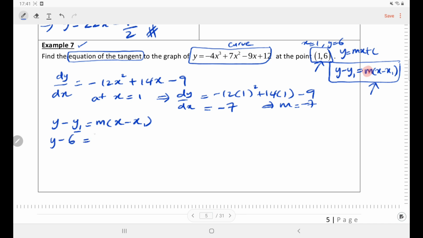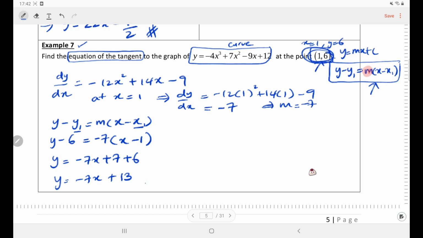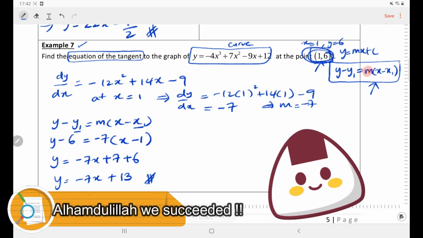Okay, m ialah yang kita cari tadi, negative 7. X itu tak apa, salin je. And then x1 ialah titik kita, iaitu 1. So gantikan dia. And then you need to rearrange. So kita akan dapat y. Yang ni kita expand. Negative 7x plus 7 plus 6. Okay, so y is equal to negative 7x plus 13. So this is the final answer.